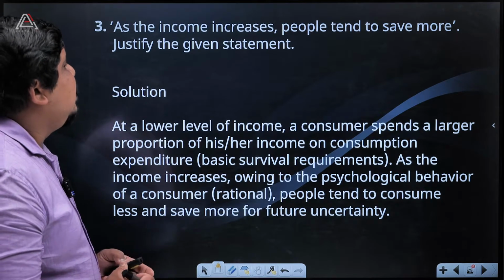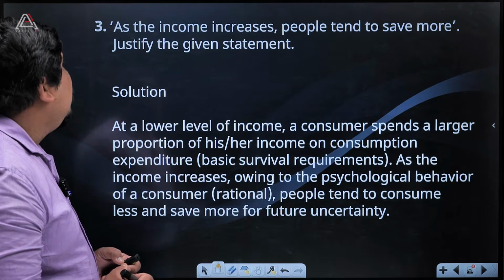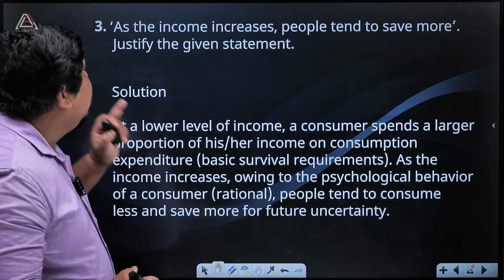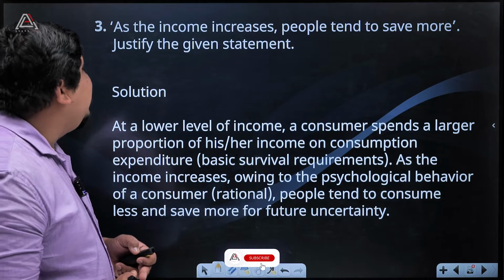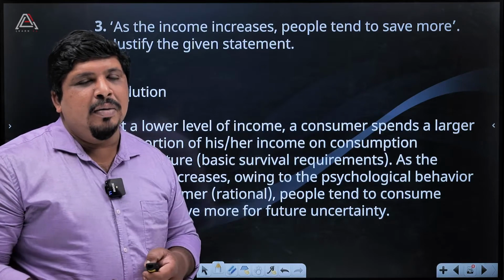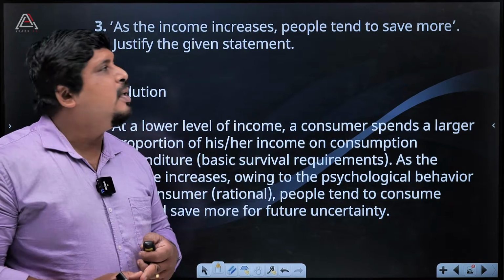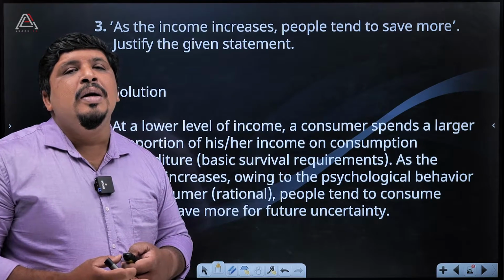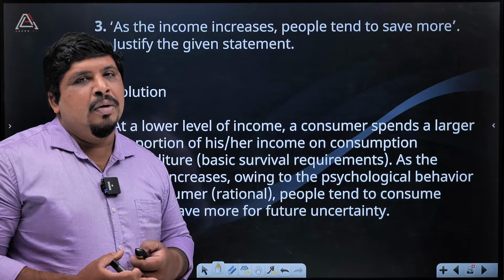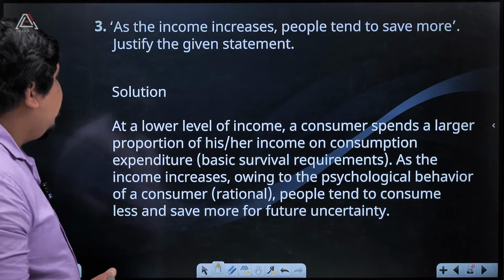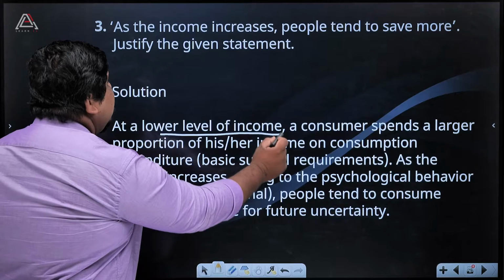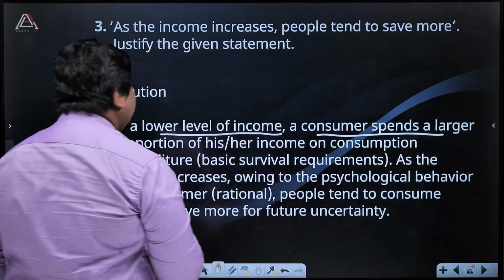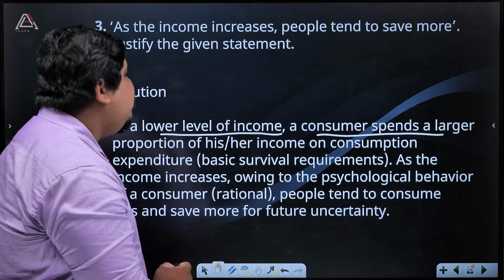As the income increases, people tend to save more. Justify the given statement. What is given there? Income increases, people tend to save more. If the income increases, people save more. If the income reduces, people will not save more. Solution: at a lower level of income, a consumer spends a large proportion of his income on consumption expenditure.